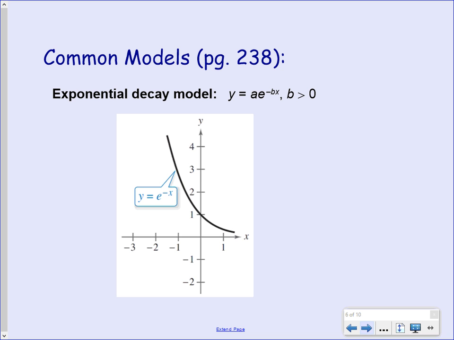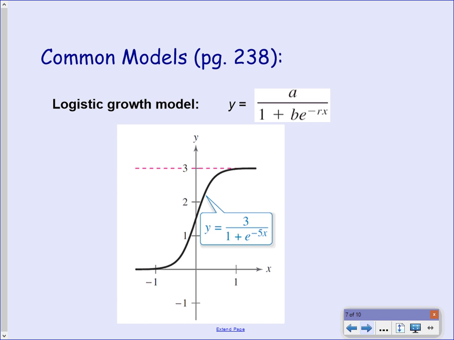So your base is still e, 2.718, but if it's raised to a negative, then it's going to flip the base and make it 1 over 2.718, which is actually decay. So anytime you're working with a model that has a negative exponent, that's going to be exponential decay.